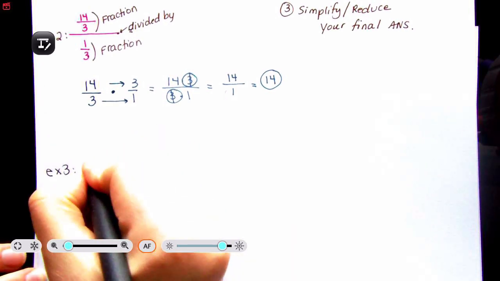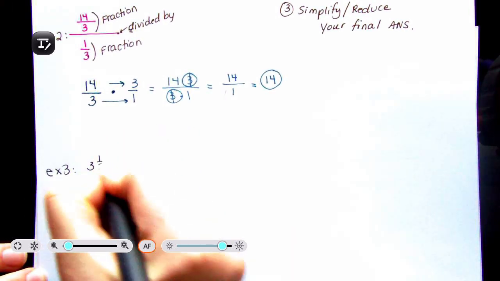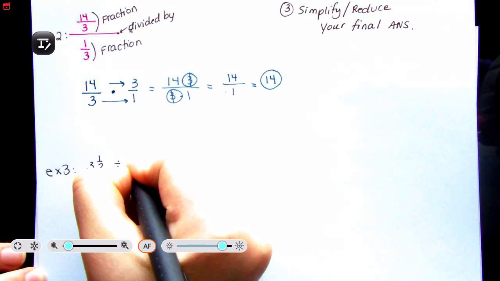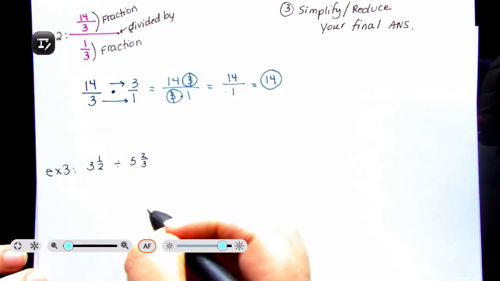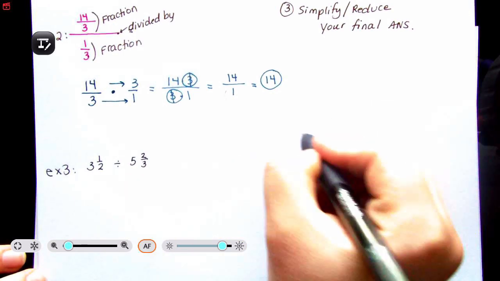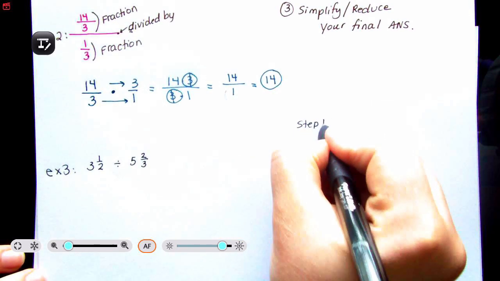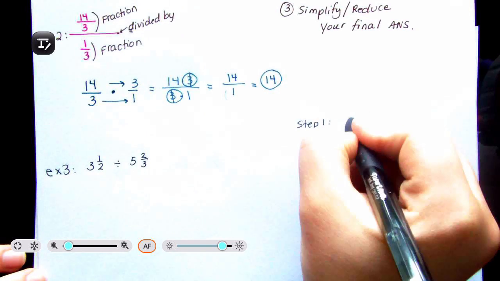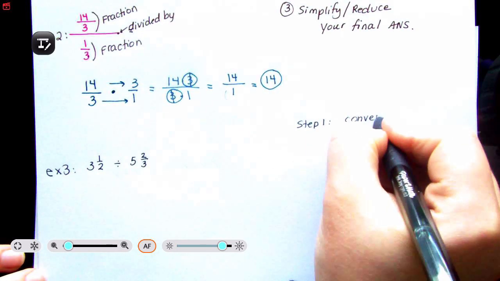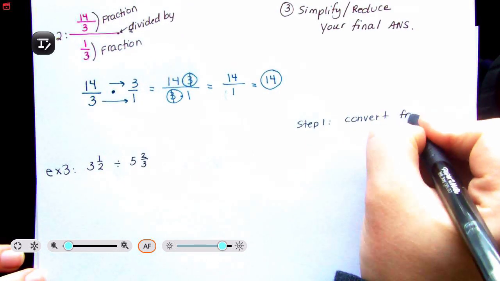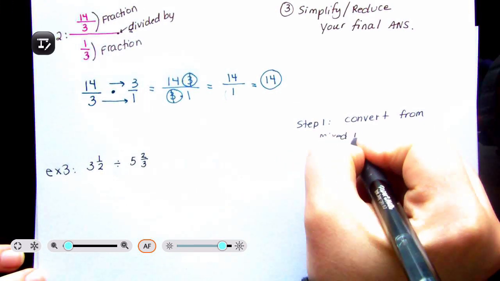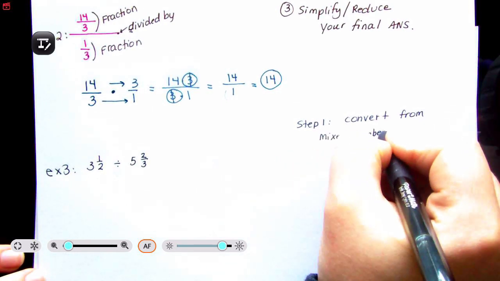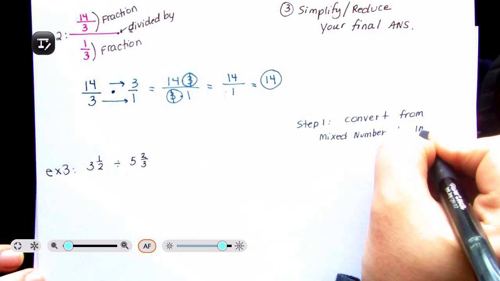All right, so let's do something like 3 1/2 divided by 5 2/3. So step number 1 in dealing with something like this is you're going to convert from your mixed number to improper.